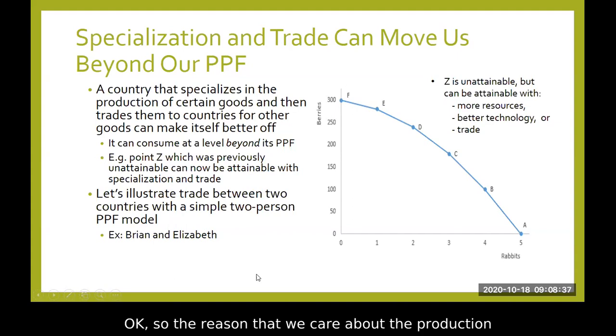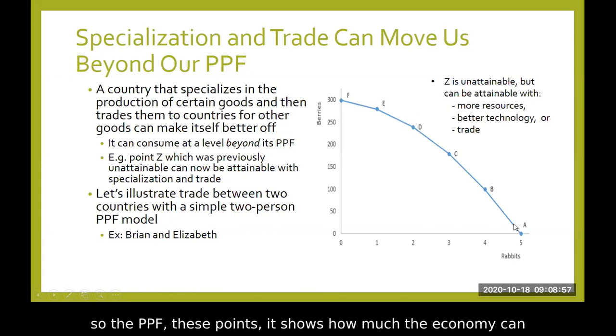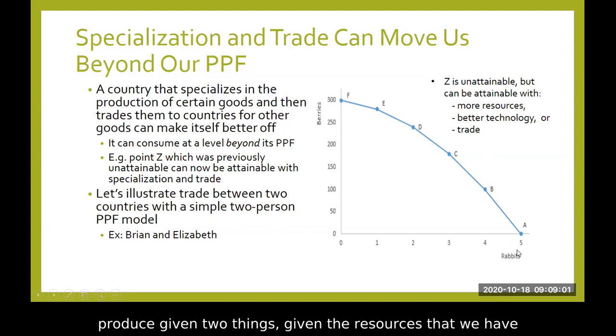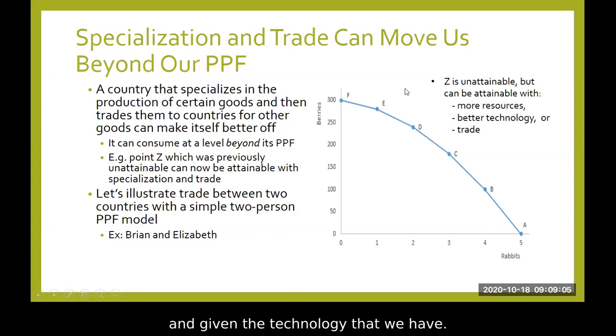Okay, so the reason that we care about the production possibilities frontier, and why it's really an important illustration, is because it shows that specialization and trade can help us get to points that were previously unattainable. We said here Z was unattainable. The PPF shows how much the economy can produce given two things: the resources that we have and the technology that we have.